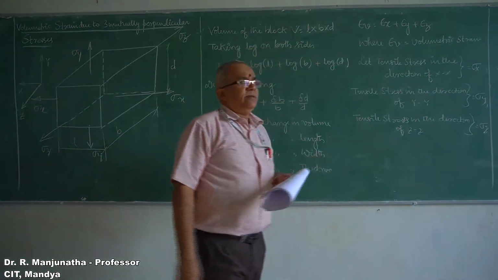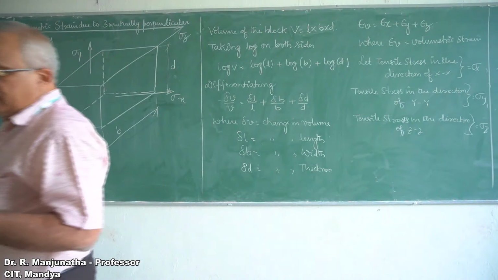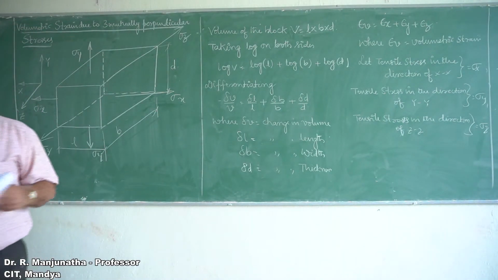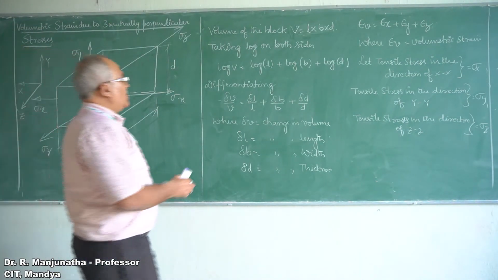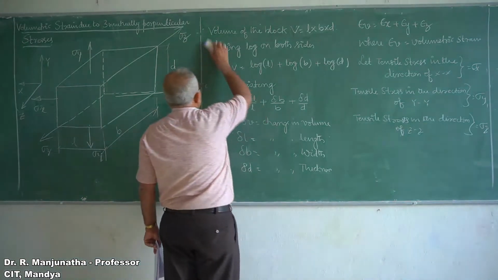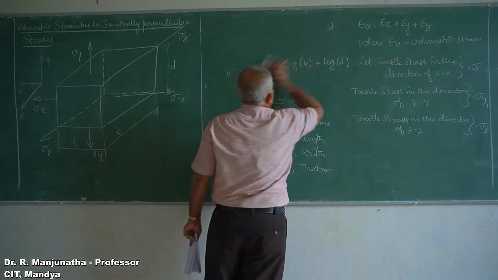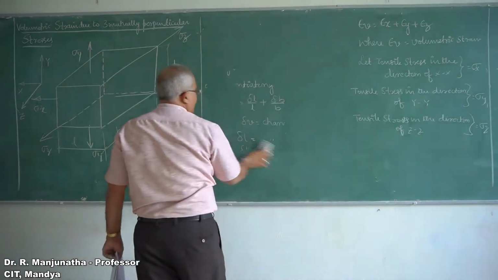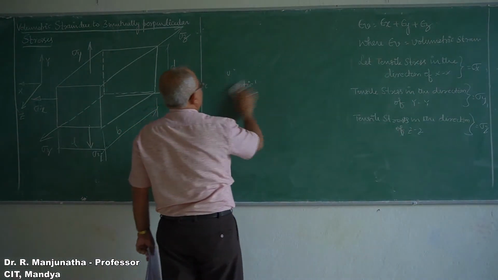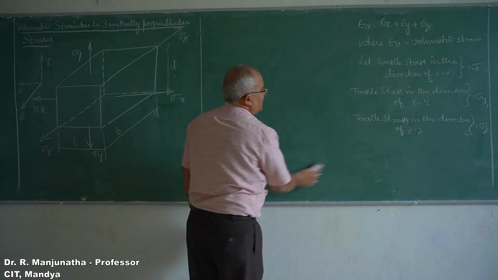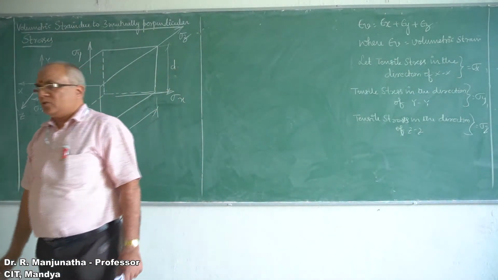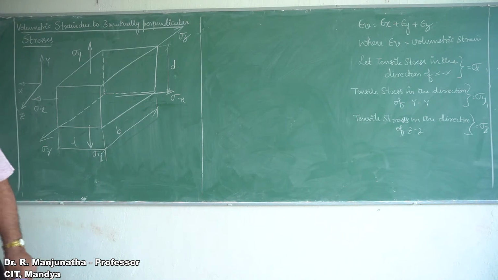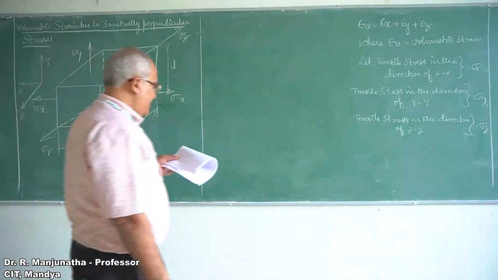So when you have that, first we are going to consider only the direction of sigma x. When you are considering the direction of sigma x, we will have the tensile strain along the direction of xx, and in the remaining two directions, with respect to y and z, we will have the compressive strain.